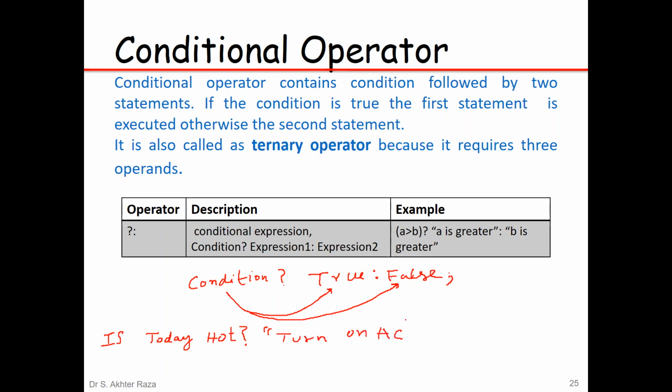This action will be performed. Colon, if it is not hot, then turn on heater. And in the end you have a semicolon. So you have to decide whether today is hot or not.